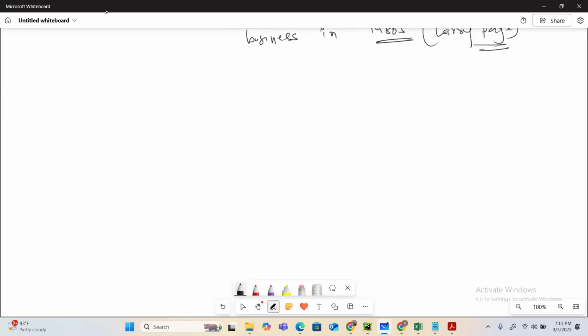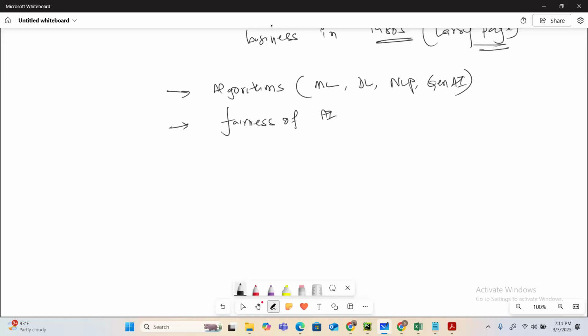Then we will go to the algorithms: ML, DL, NLP, Gen AI. Then we will talk about fairness of AI, and then MLOps.